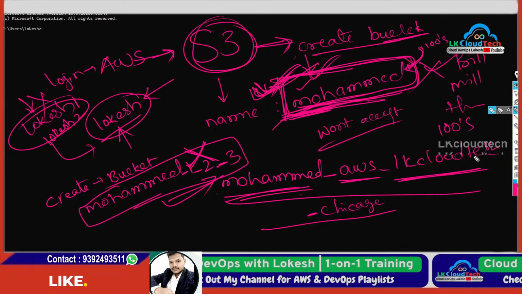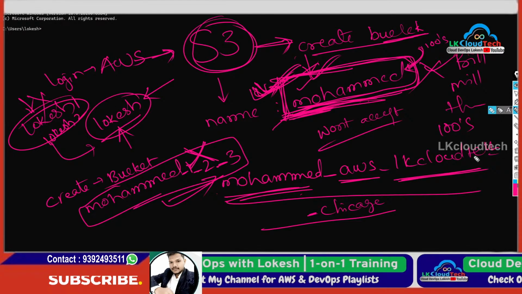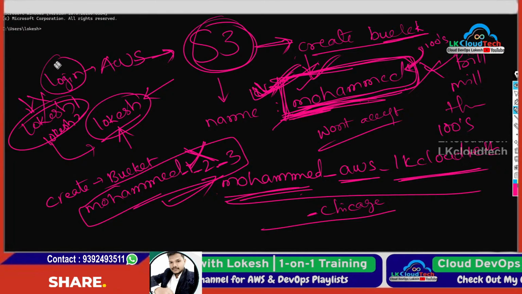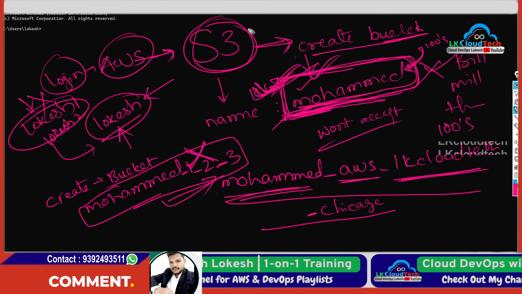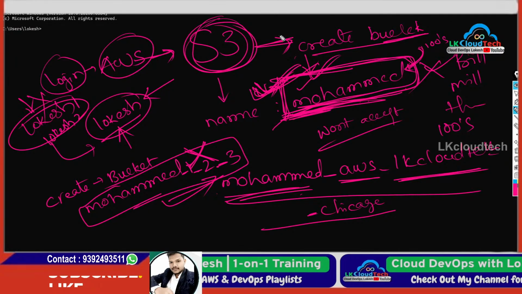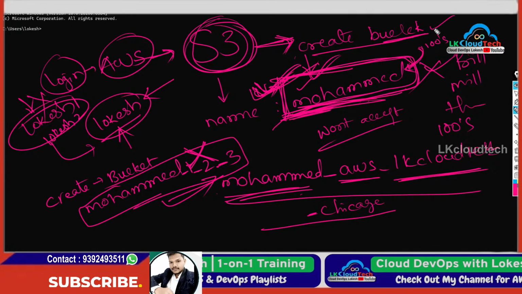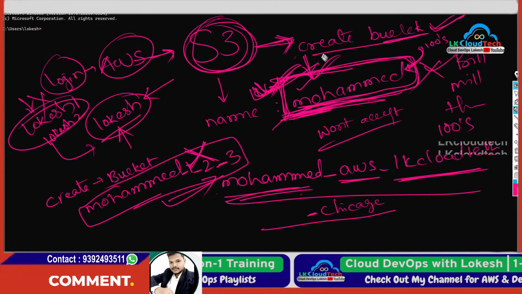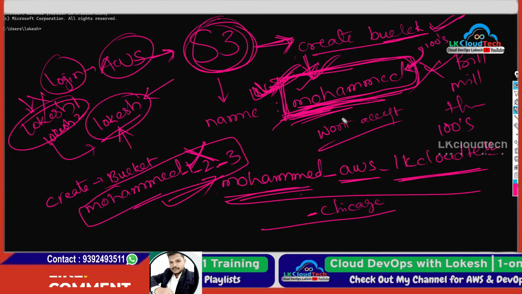You erased it. Okay. Generally, what happens is you will log in to your AWS account. After that, you will open S3. In S3, you will create a bucket. But while you are creating a bucket, normal plain names will not be accepted. Why?